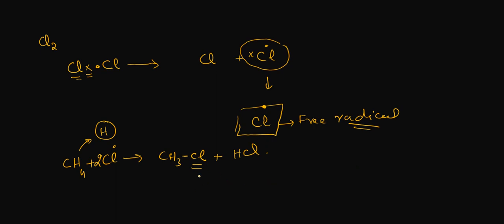This chain of reaction continues until all the hydrogen atoms are replaced, and the final form will be CCl4, carbon tetrachloride, with four chlorines on carbon, and the other product is HCl.